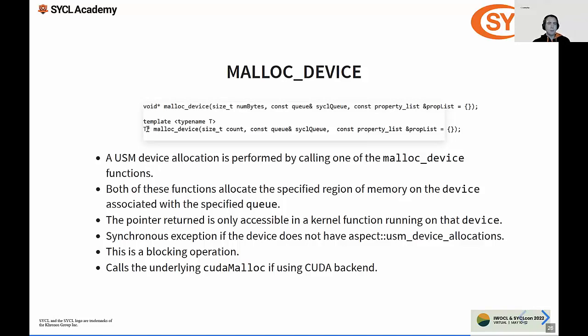So you can only access it while running kernels for the specific device. You'll need to submit a command group to the queue that's associated with this pointer. If the device doesn't have the appropriate aspect, then you're going to get a synchronous exception.